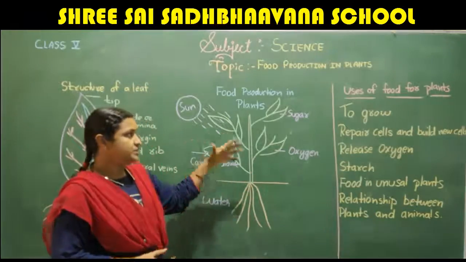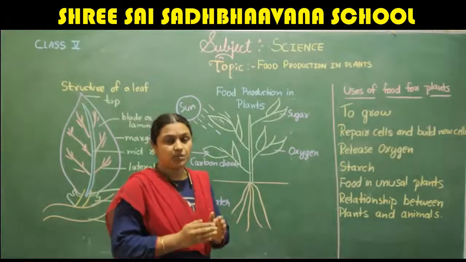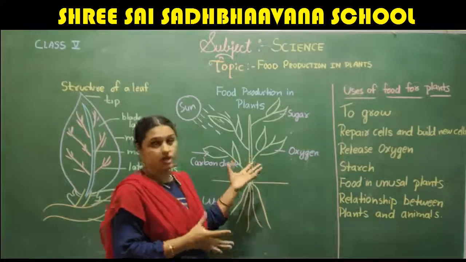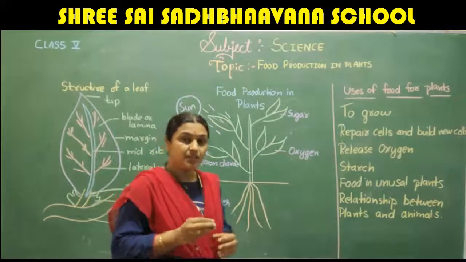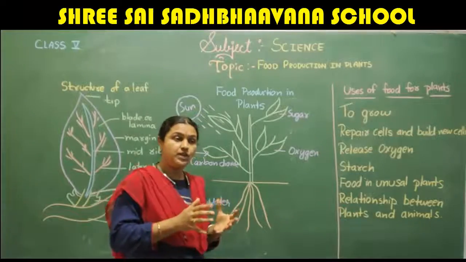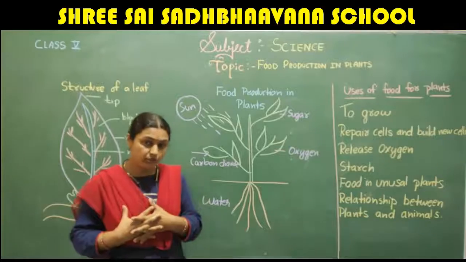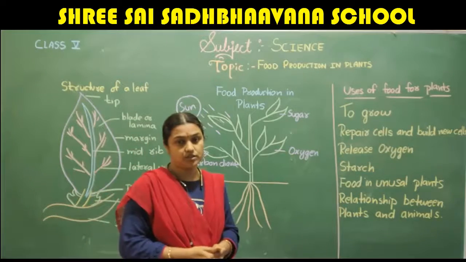Once the food is being circulated, it so happens that not all the food is being consumed by the plant. Sometimes the food remains. Now, the food which has remained is called starch.